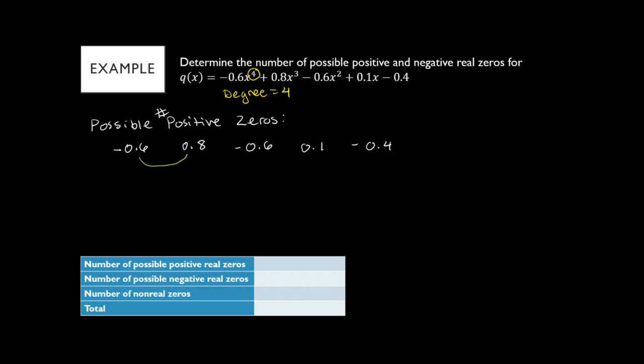So I go from negative to positive, positive to negative, negative to positive, positive to negative. So you count those again, we have 4 sign changes. So I'm going to have 4, 2, or 0. So I split this up: 4, 2, or 0 for our possible positive zeros.